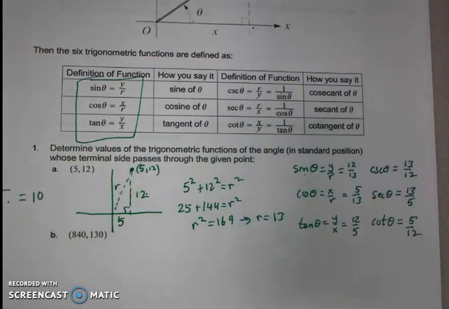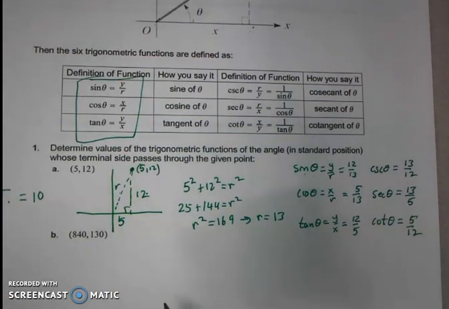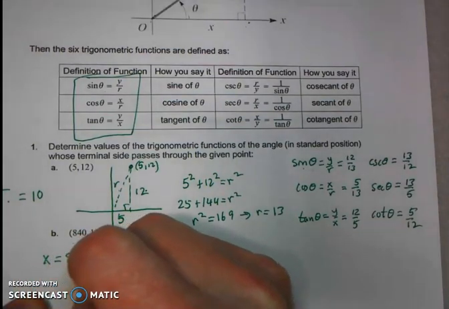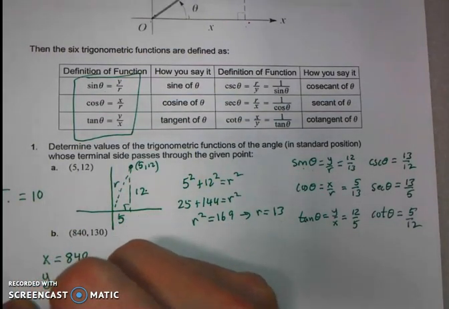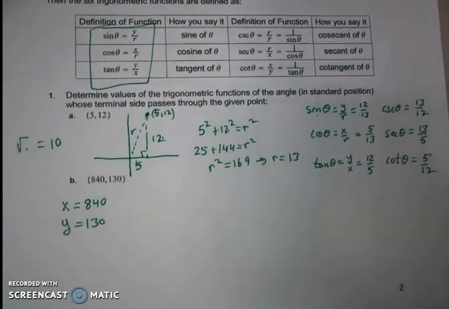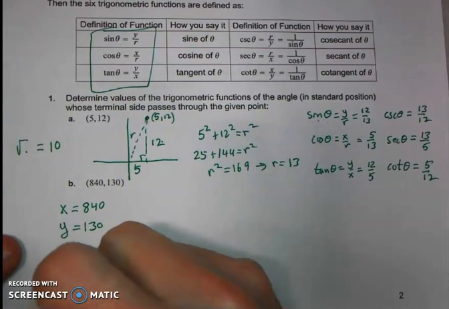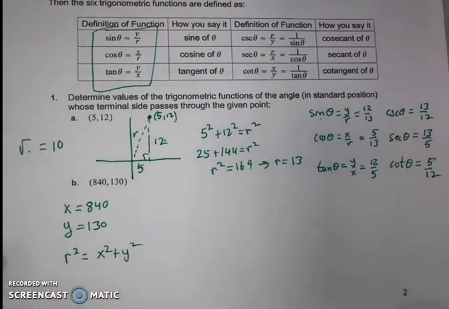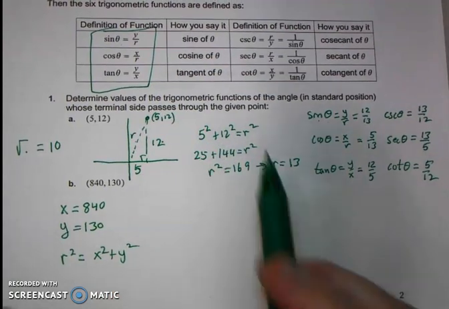All right, next problem. I'm not going to draw a picture this time. We really don't need a picture. What we need to know is that x is 840, y is 130, and then we need to find r. To find r, we use the Pythagorean theorem. R squared is always going to be x squared plus y squared, which is exactly what we did in the previous problem.